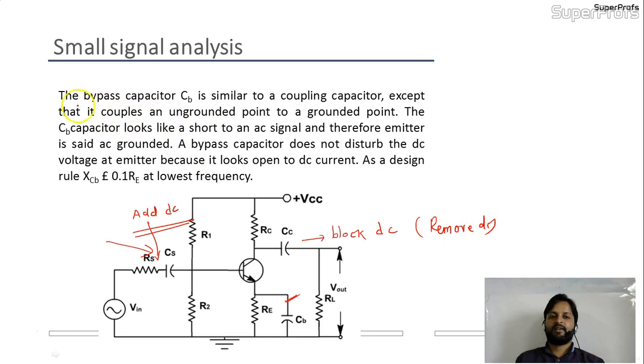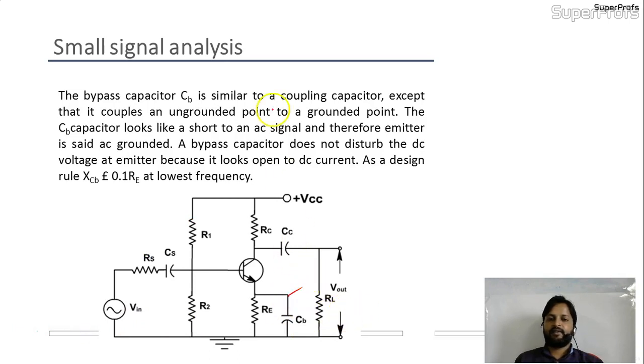Is it okay? So the bypass capacitor CB is similar to a coupling capacitor except that it couples an ungrounded point to a grounded point. If the point is ungrounded, it will couple it to ground. Why? Because the CB is directly connected with ground only.